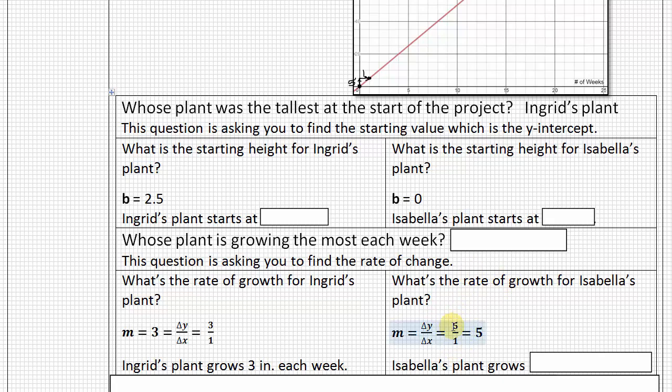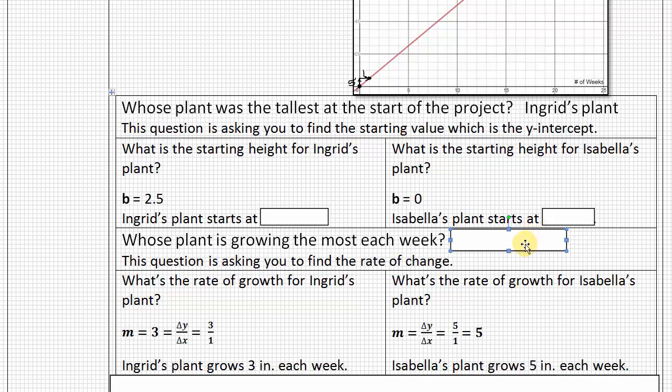Well, notice that 20 over 4 would also reduce to 5. So we always want the slope in the simplest form. And so we should be able to all come up with something that is equivalent to 5 from our slope triangle up here. And so that tells us that Isabella's plant grows 5 inches each week.